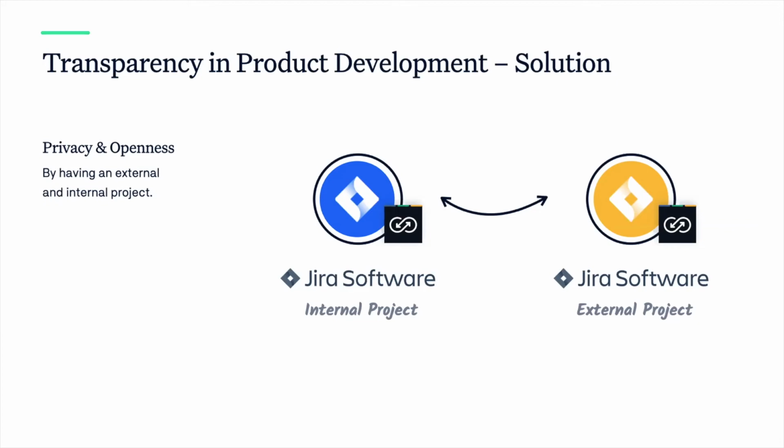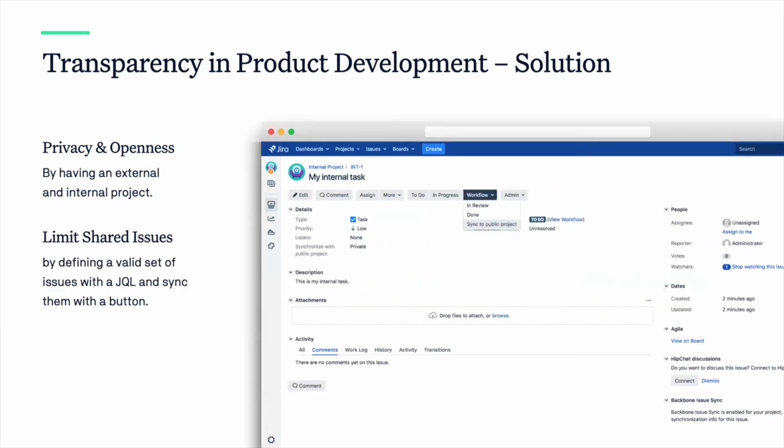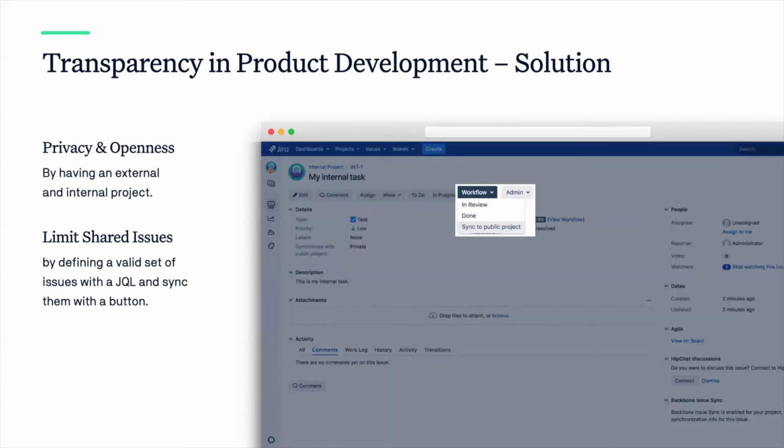We limit the shared issues with a JQL I've shown earlier, so that only publicly visible issues are actually public. And then we have this synchronize to public project button. So everyone can simply click on that button, and then it's being synchronized to the public and being kept in sync.